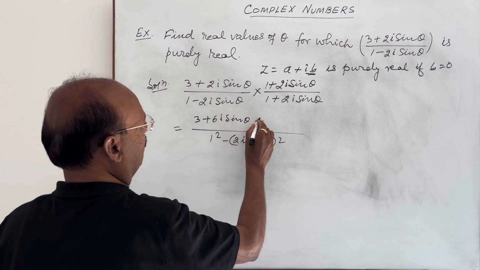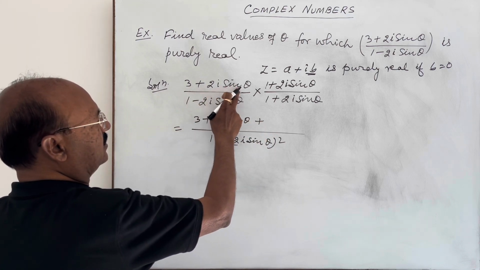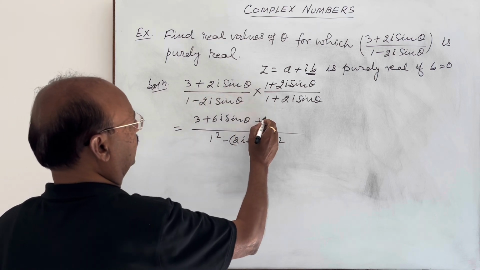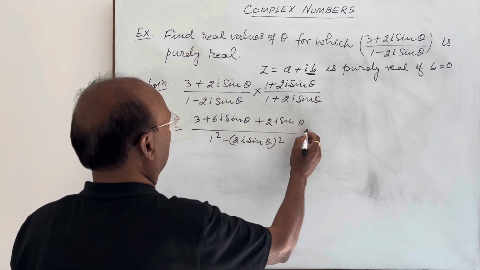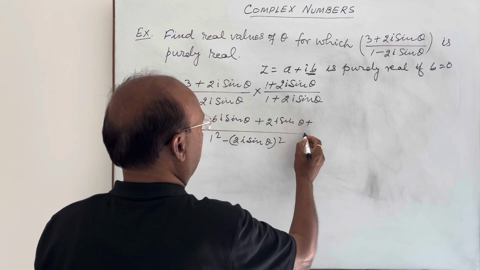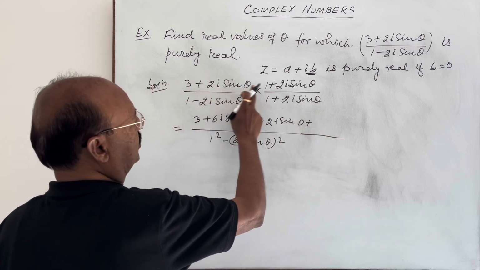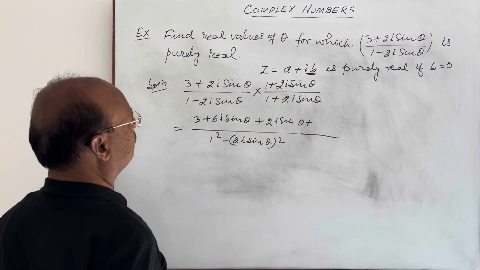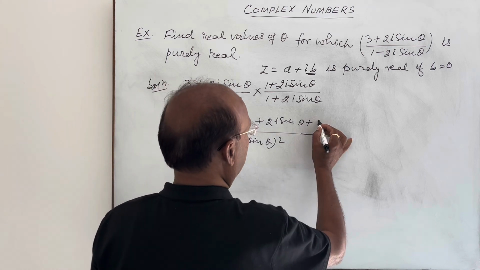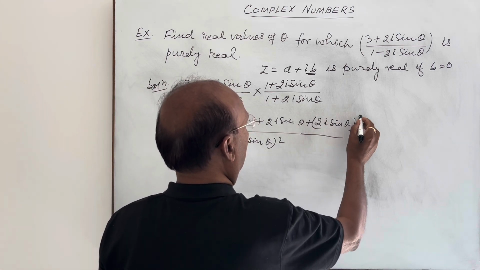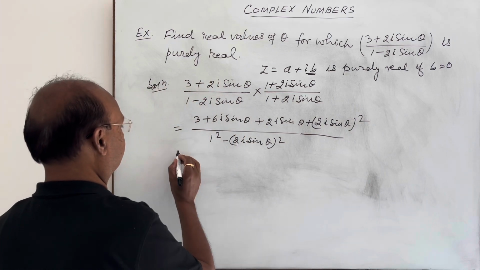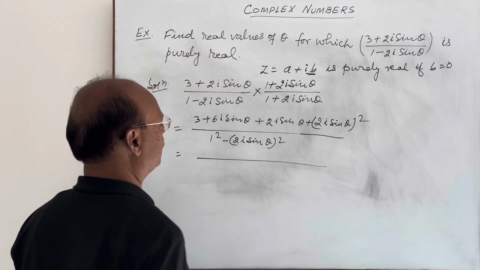Now multiplying with 2i sin theta: 2i sin theta into 1 is 2i sin theta, and plus 2i sin theta into 2i sin theta, that is (2i sin theta) whole square, correct? Simplify it further.